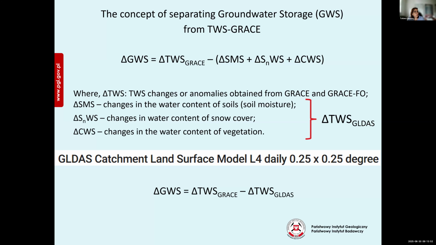Data on the water content in these components are obtained from the GLDAS water cycle model. That's why the calculation of groundwater storage changes can be simplified to the equation shown below.